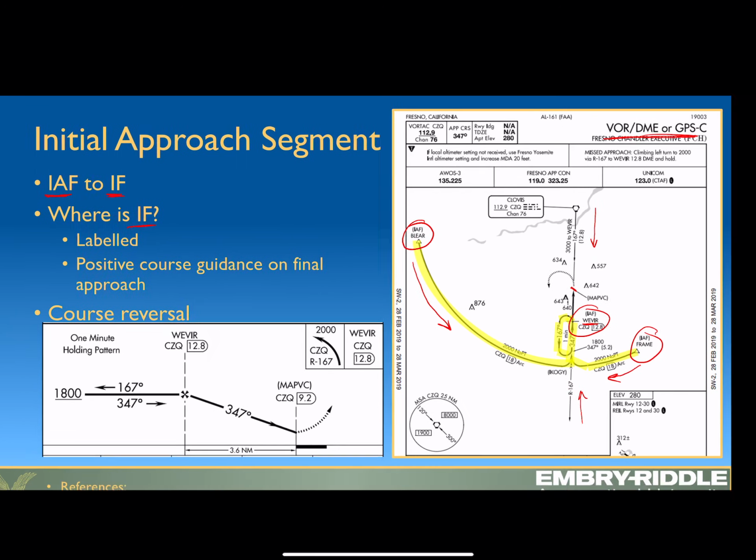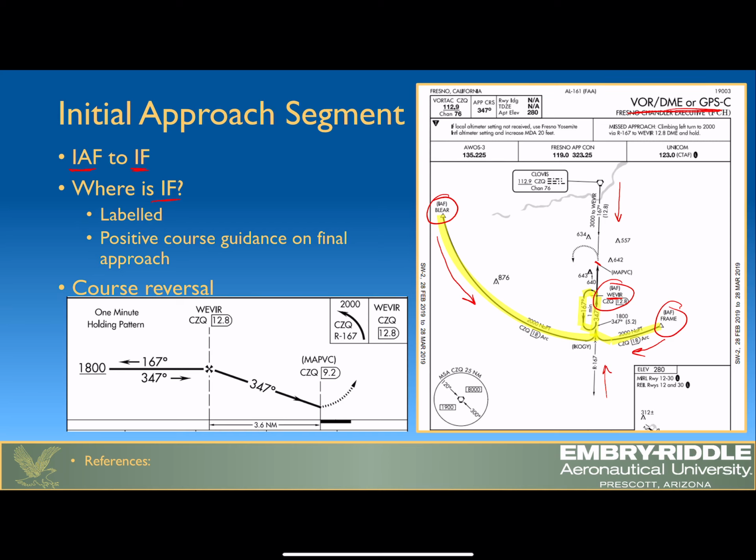A lot of times the intermediate fix, or the IF, will not be published because it's just assumed to be everything between your initial approach fix and your final approach fix, or sometimes they're the same. It all depends on the approach. Sometimes it's labeled, sometimes it is not.